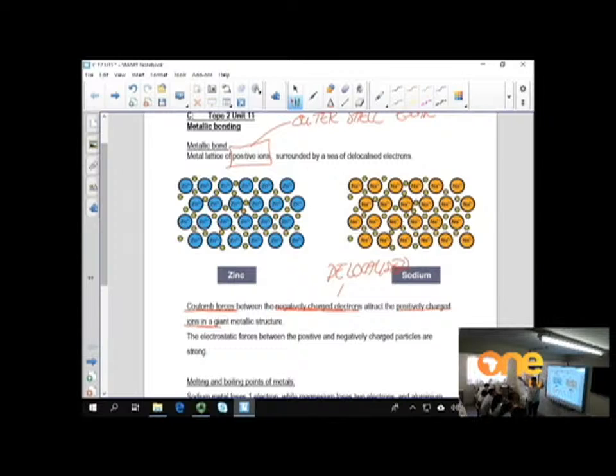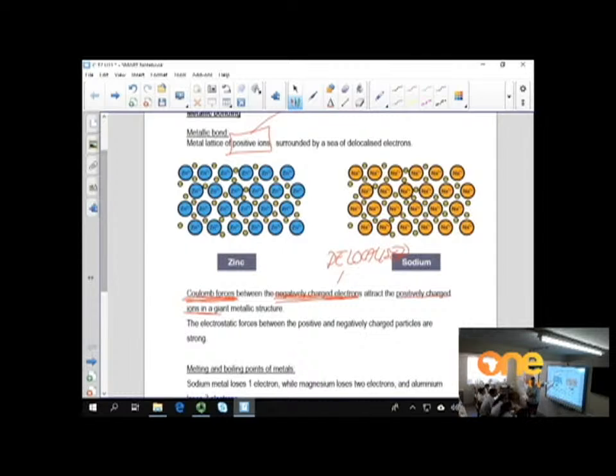Those electrons, it's like they don't belong to anybody. They can just go where they like. So Coulomb forces are weak or strong? Strong. Coulomb forces are strong. So strong forces holding these positive ions together. The negative electrons that can move, they hold those positive charges together.